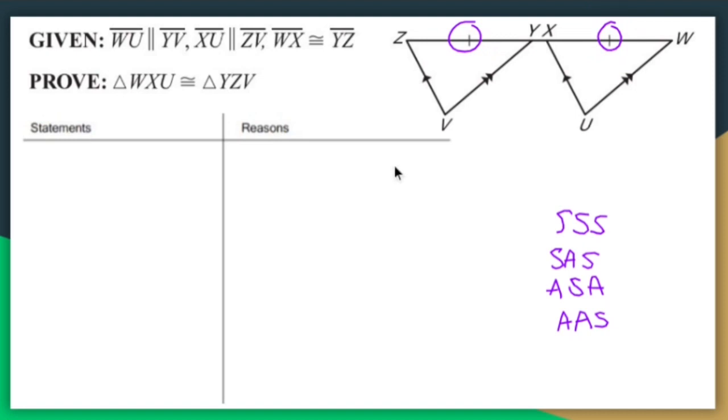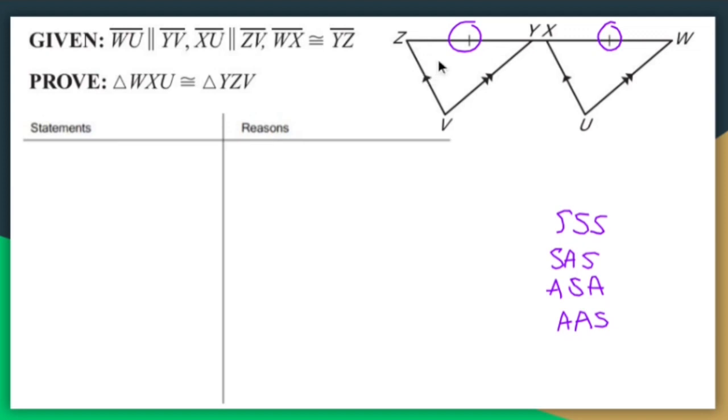Great. What it also gives me is two sets of parallel sides. Now, usually when it gives you parallel lines, you are thinking thoughts of alternate interior angles. But you know what?